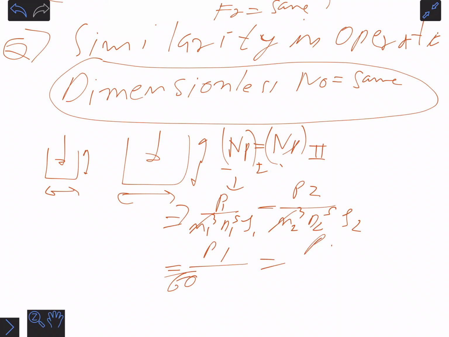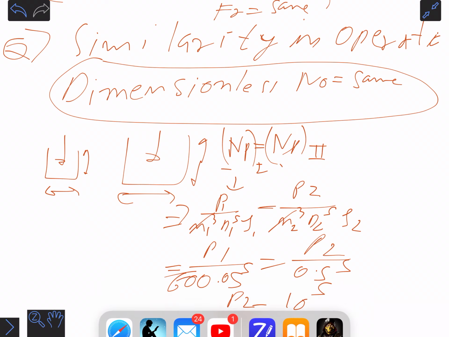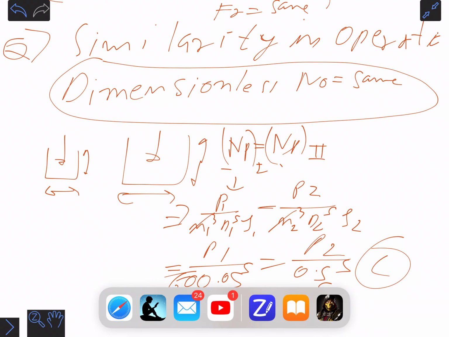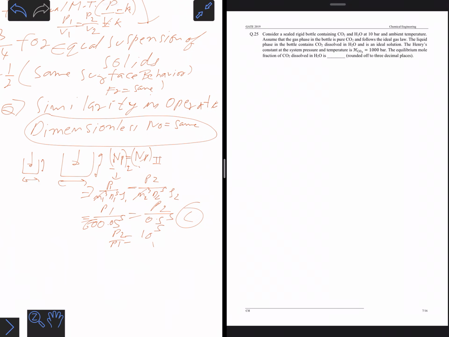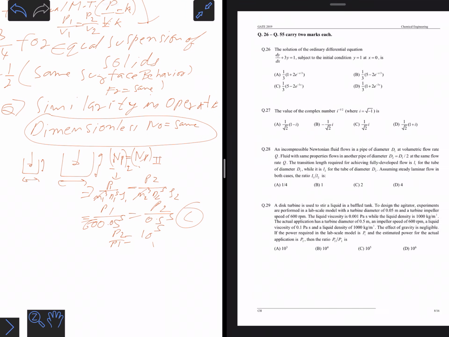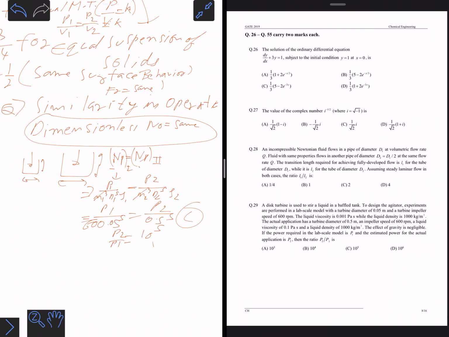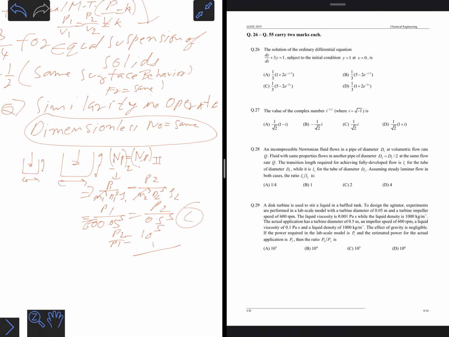So P1 is equal to P2 by 0.05 to the power 5, 0.5 to the power 5. So P2 by P1, when you solve, you get 10 to the power 5. And option C is the correct answer.